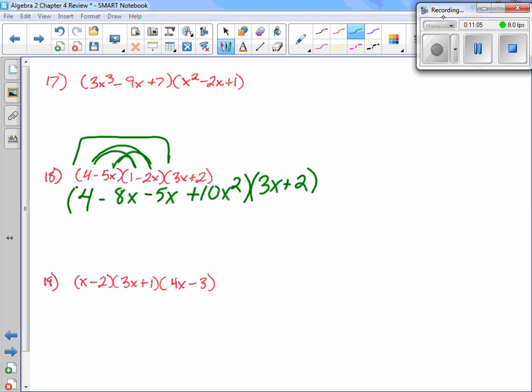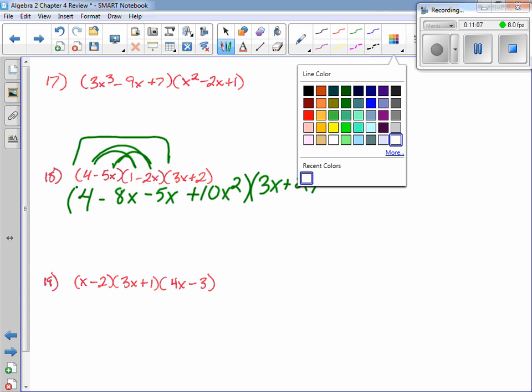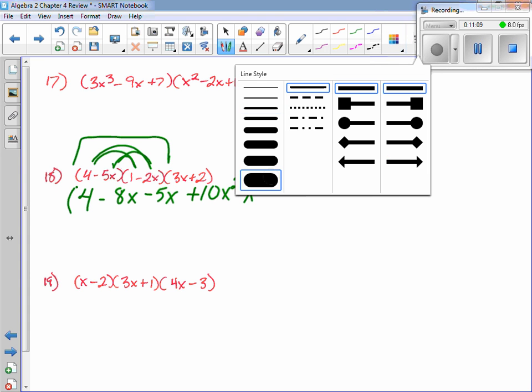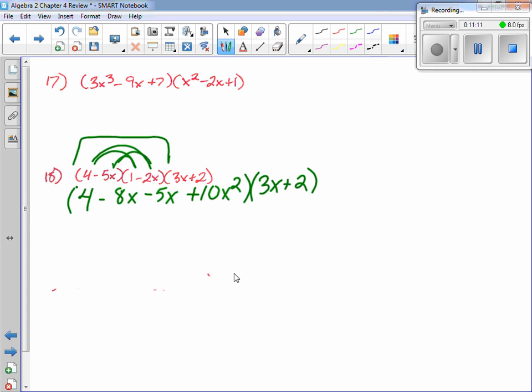Yes, I'm going to combine like terms here in a second. I want to do this first. So I would combine like terms. I want to rewrite this in standard form, which means 10x squared is going to go first.